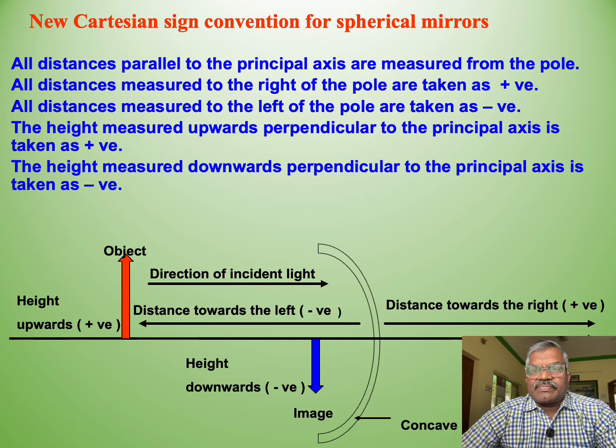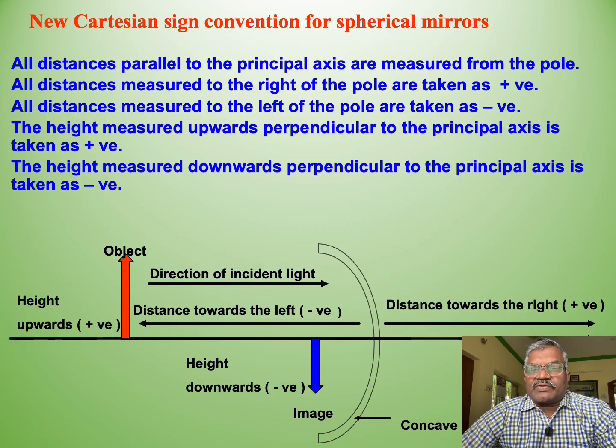Distances measured to the right are positive and those to the left are negative, while heights measured above the axis are positive and those below are negative. The incident light is assumed to travel from left to right, and all distances are measured from the pole.